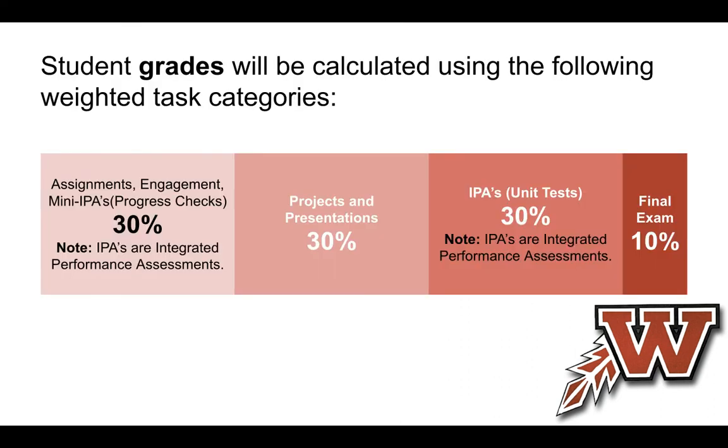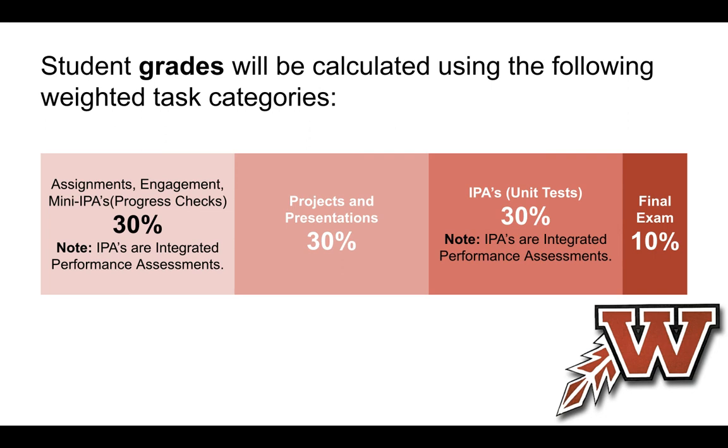Students' grades will be calculated using the following weighted task categories. 30% of the student's grade will be based on assignments, engagement in class using Spanish, and mini IPAs or progress checks.